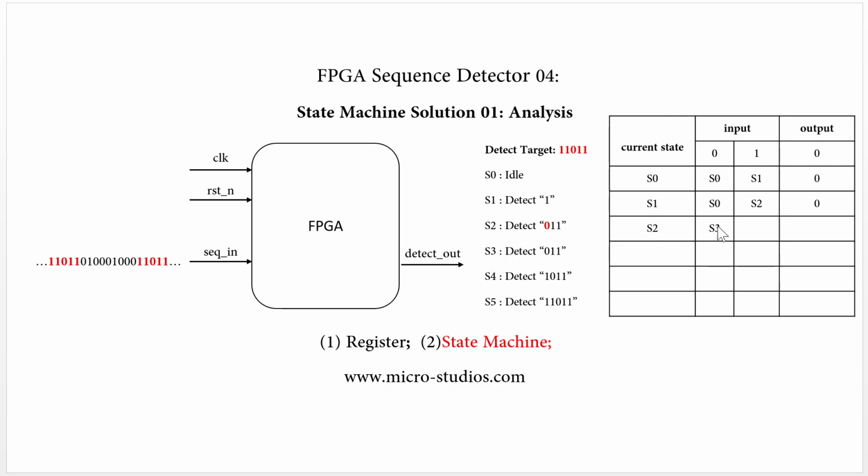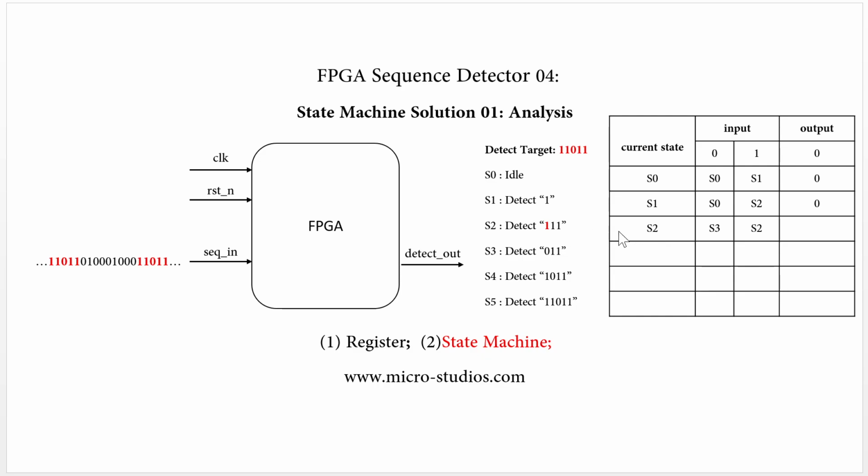If we get the input as 1, then the last 2 bits are 1, 1, so we stay in the S2 state.